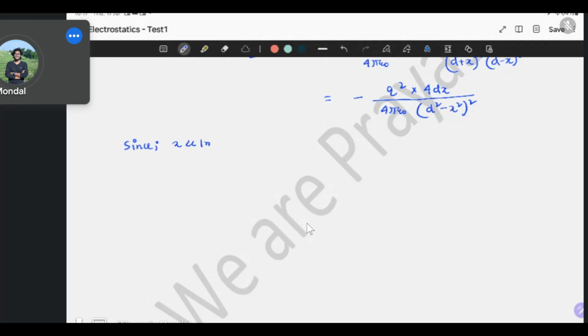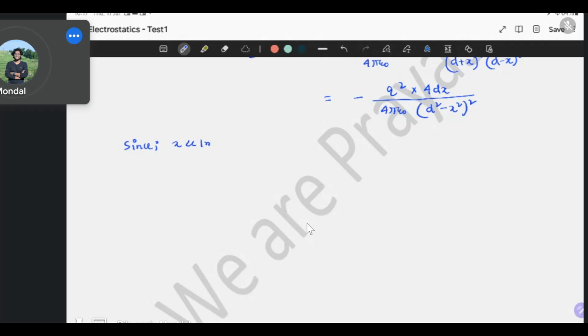That makes the force minus 4 q square divided by 4 pi epsilon naught d cube times x. Now this term is constant, and the acceleration a will be F by m.